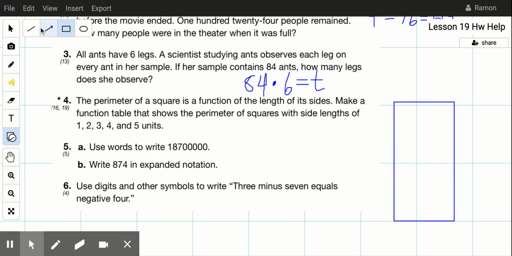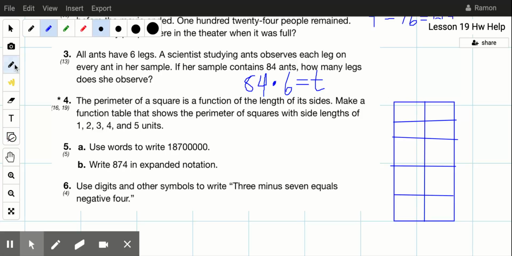So we have our table here, our line down the middle, and then we have our sides, which is S, and then the perimeter, which is P. So we have 1, 2, 3, 4, 5, which is the length of the sides.